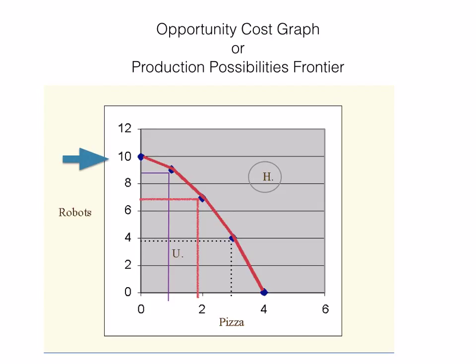Let me try that again. The more pizzas we make, the greater the opportunity cost becomes. We lose more robots. Now, why is that? That might seem a little bit strange.